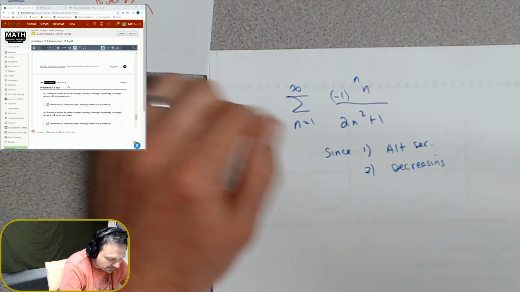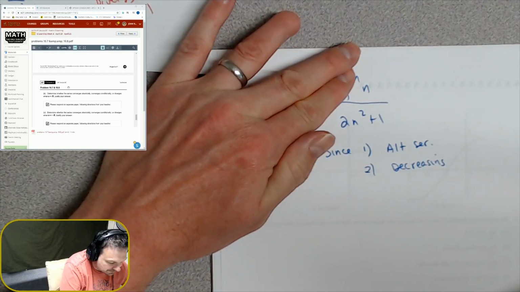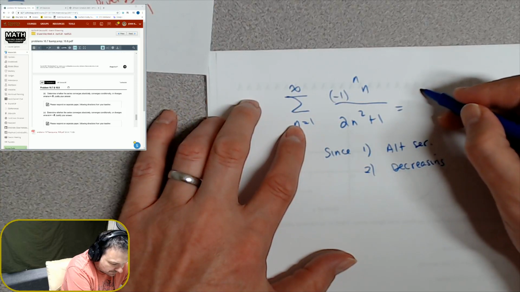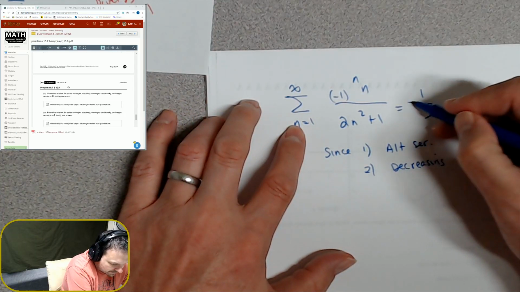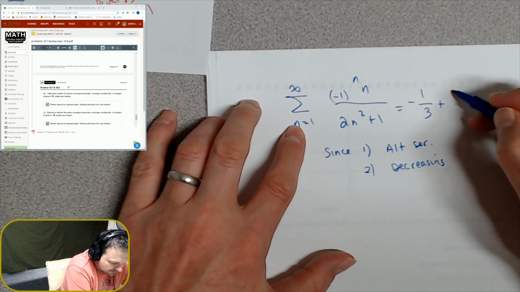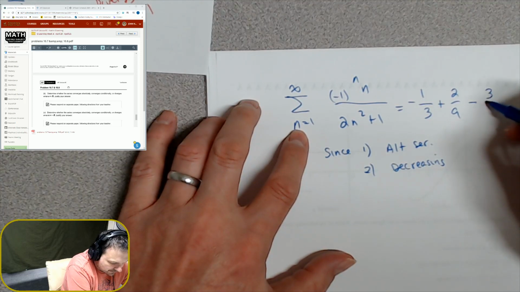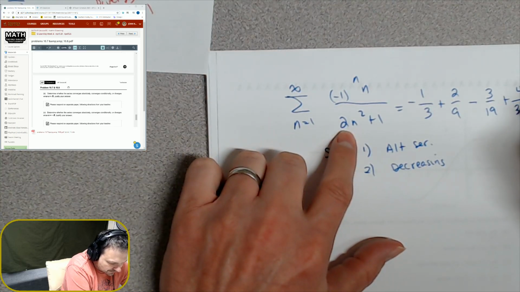Okay, let's see if it's decreasing. So the absolute value of it, not worried about the (-1)^n part. And again, if you're ever stuck, let's just plug in a few terms to see. 1 over 3, then 2 over 9, then 3 over 19, then 4 over, what do we got there, 33.